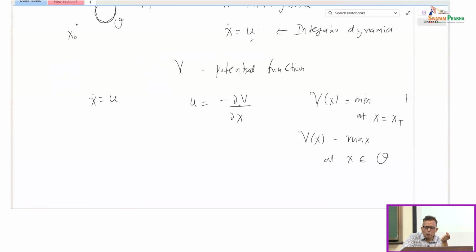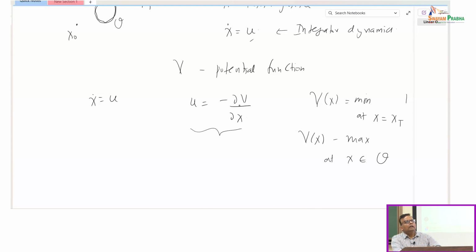So although v has a global minima at the target set, which is the point that you want to reach, you will introduce some new minimas, which are local minimas. And when you start to move with this u, instead of getting to the global minima, you could get to a local minima, and then you get stuck there. You cannot get out of that.